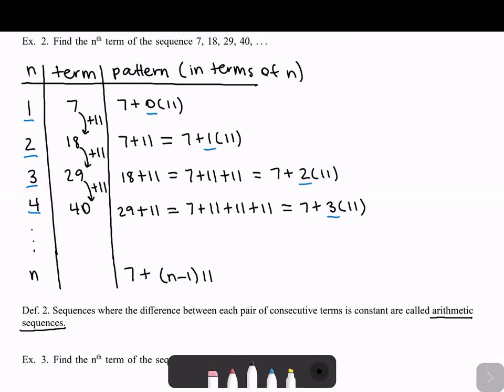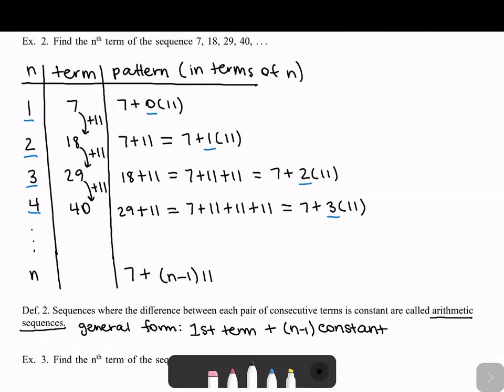So we have a general form where we have our first term plus n minus 1 times our constant. So this is going to be our constant that we add to each term.